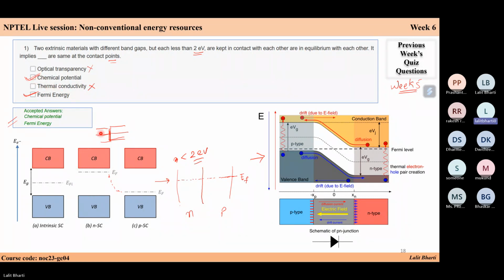And chemical potential, because we already discussed in the previous class what a chemical potential is. So this Fermi energy is basically representing your chemical potential, depending on where your electrons are being filled. So these are basically the same phenomena and different aspects. So option 2 and option 4 are correct here.